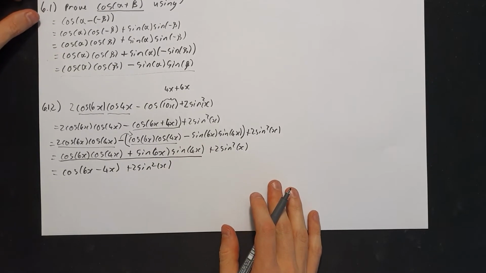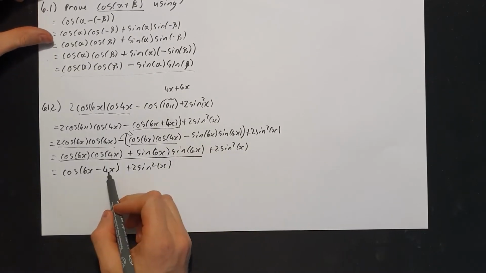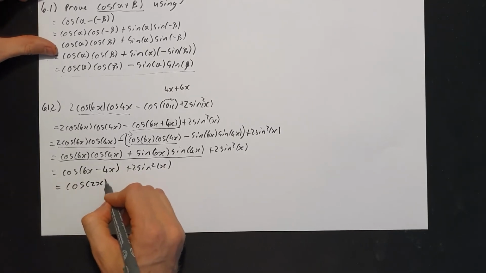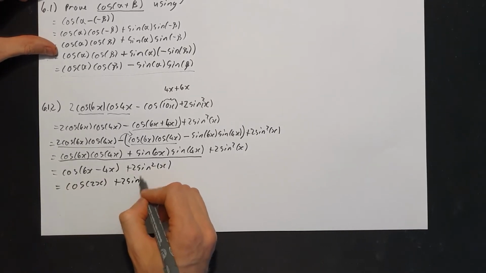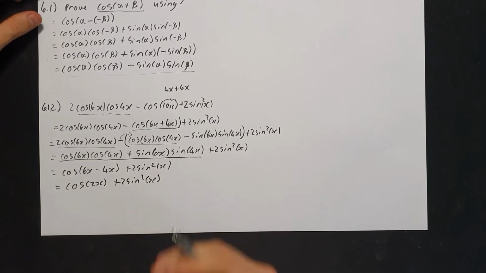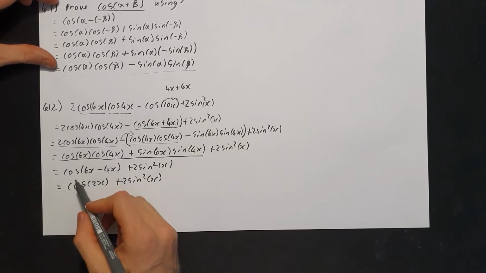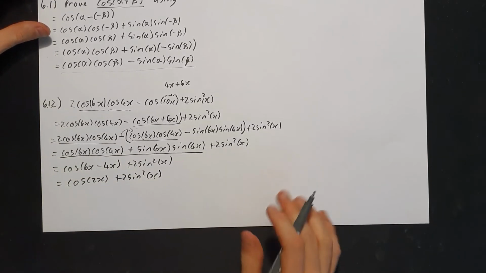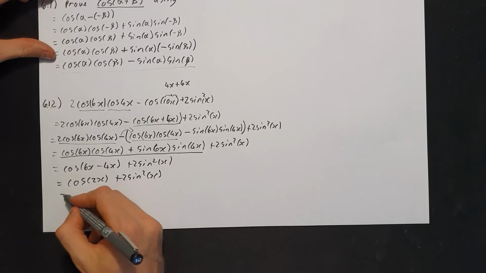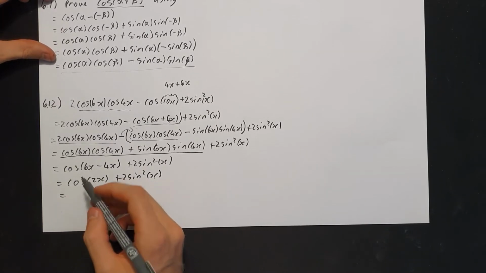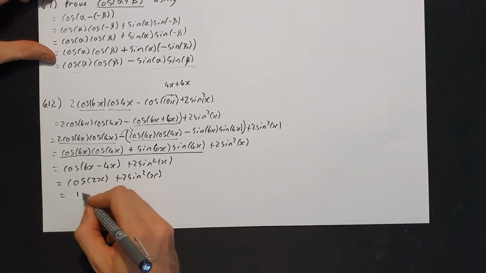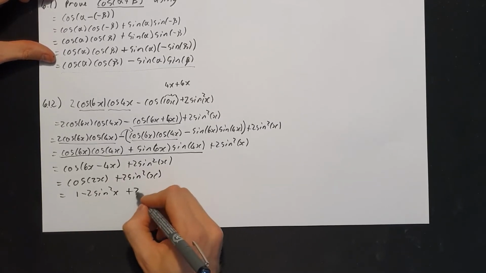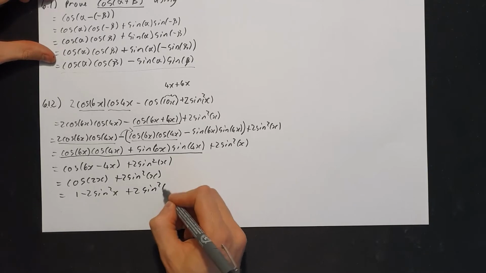So now we get down to that over there, and 6 minus 4 then just gives you 2. So we end up with cos of 2x plus 2 sine squared x. Okay, now we can use our identity. We know that cos 2x can change into something with sine in it. So if you're going to check that, cos 2x can change into 1 minus 2 sine squared x plus 2 sine squared x.